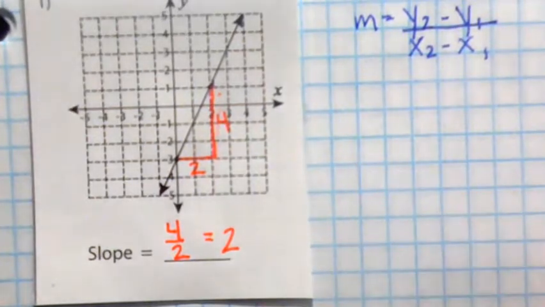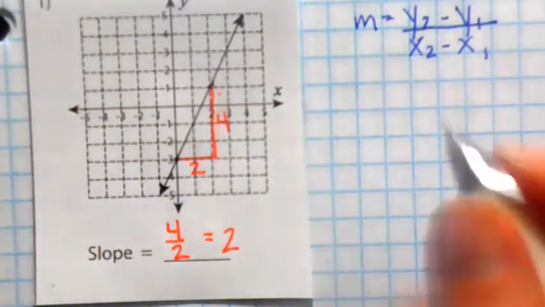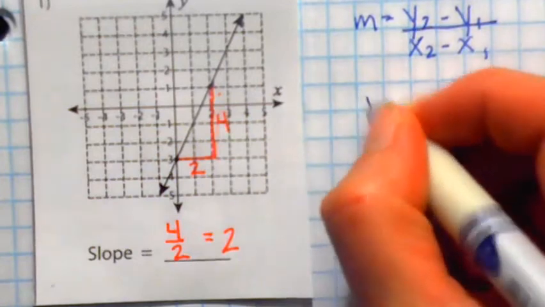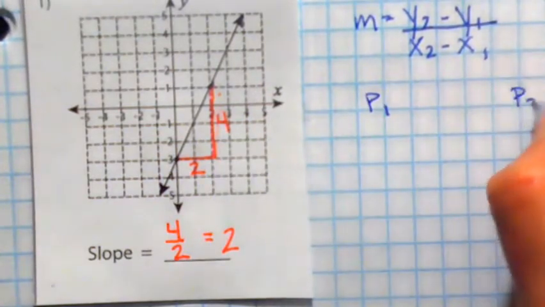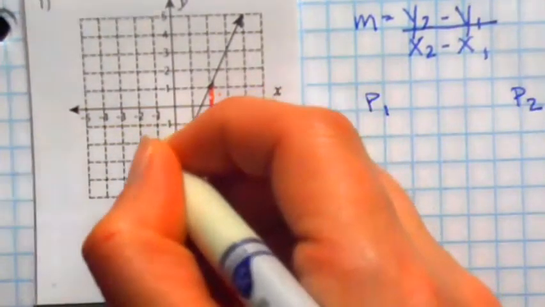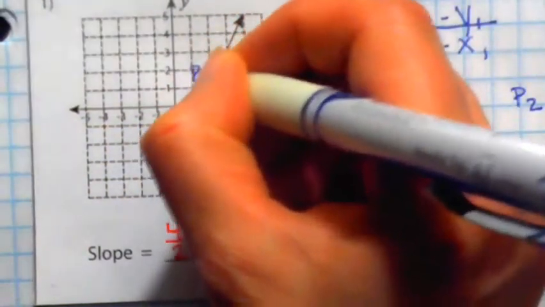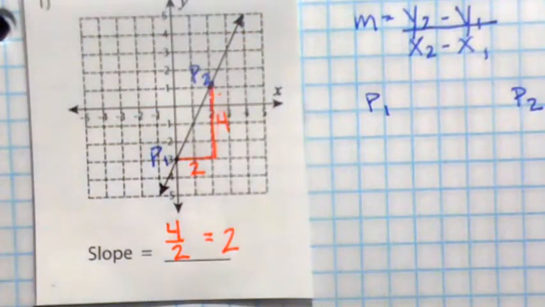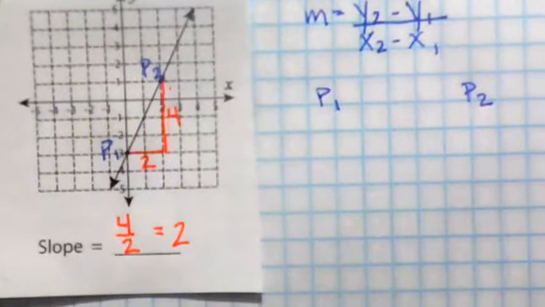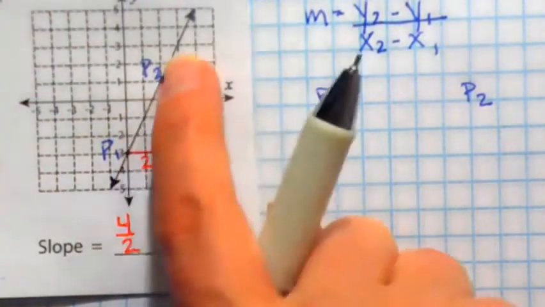First, I have to identify what my 2 points are. I'm going to have a point 1 and a point 2. I'll call this point 1 and I will call this one point 2. It does not matter which one you call which. You're going to get the same answer either way. So I could have called this one point 2 and this one point 1.